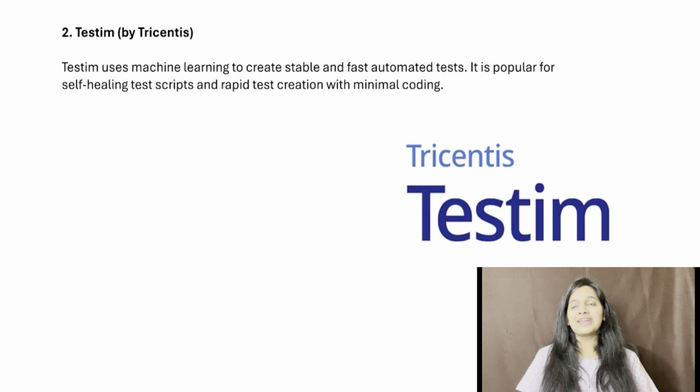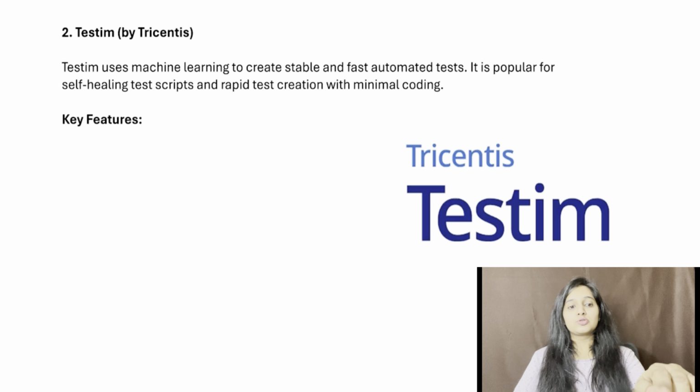So at that time, to avoid failure of the test, self-healing is the concept where even if the locator is not right, it will make sure that the locator is found and then it performs the action. So it is one of the major concepts right now, and a lot of other tools are also available.